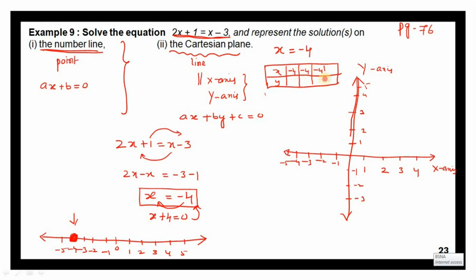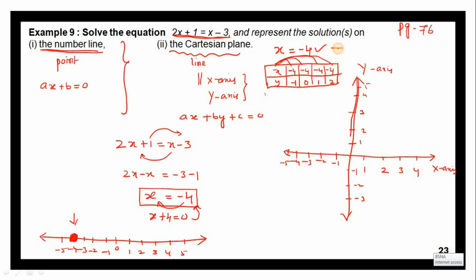It doesn't take any other value. x is fixed here. So x takes -4, -4, -4. Y takes any value. He did not mention the y value here. I can take any value for y: 0, 1, -1, 2. So y varies here, but x is fixed.